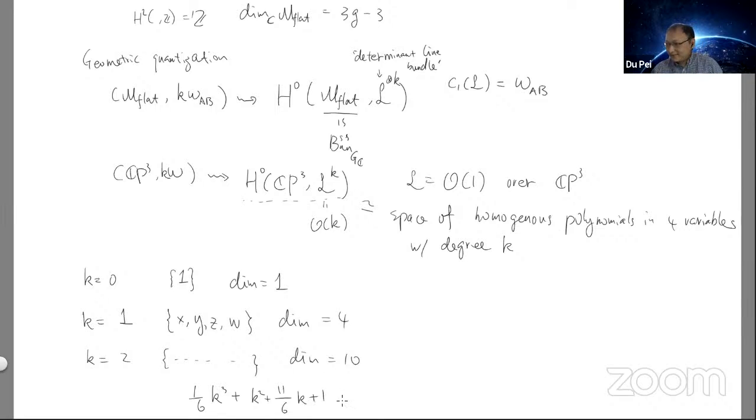And you can get this formula by either counting such homogeneous polynomials by looking at integer points inside the tetrahedron, or alternatively, you can compute this number by applying the index theorem.